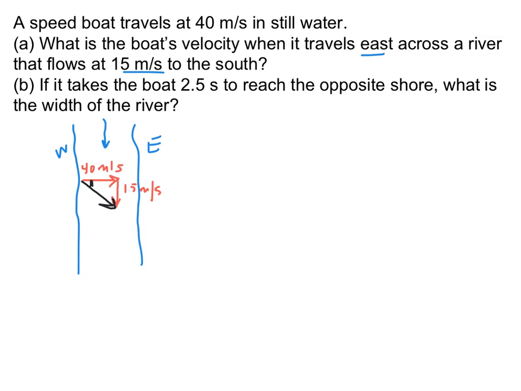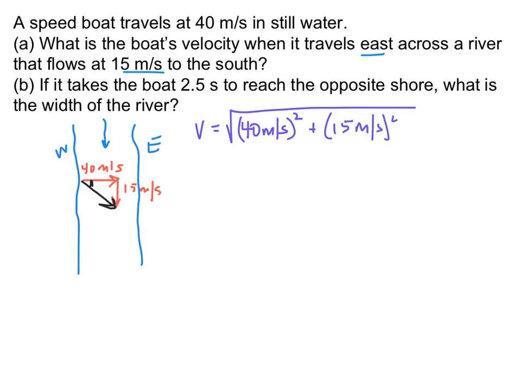All right, let's make some calculations. To find that black arrow's size, we would use the Pythagorean theorem, and that would give us a velocity, so I'm going to label it v. The square root of 40 meters per second squared plus 15 meters per second squared. When we work through that, it comes out to be 42.72. I'll leave a few extra decimal places in case I need them later. Then I need to find that angle I've marked.